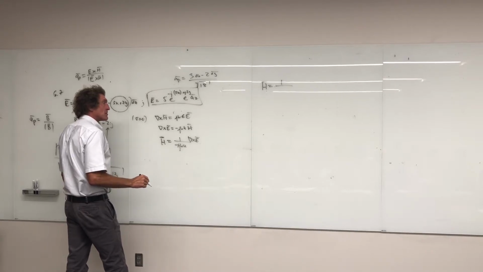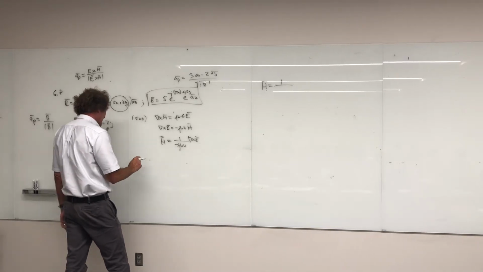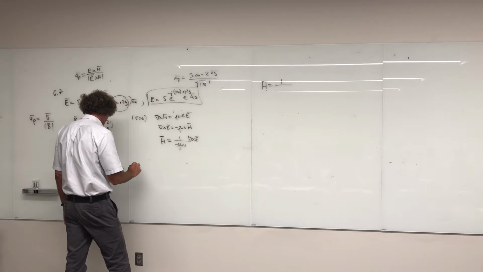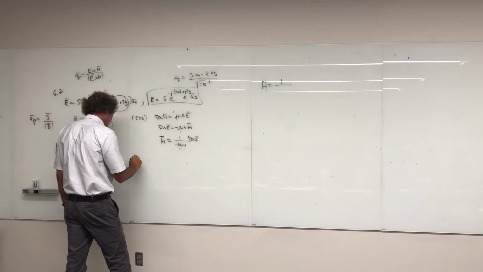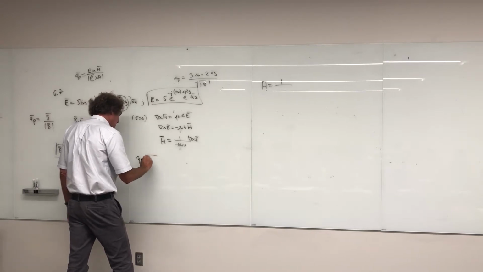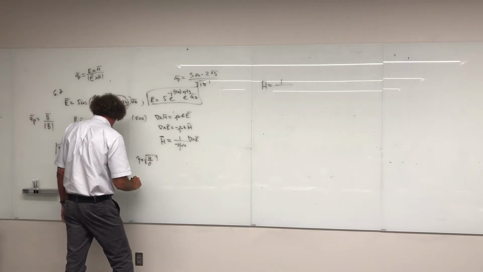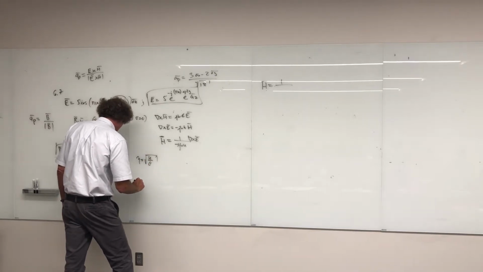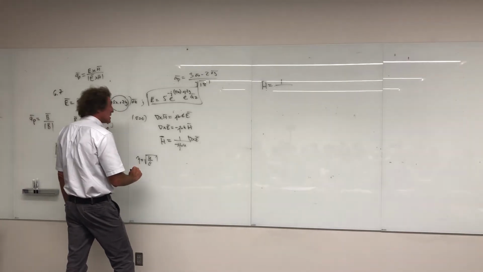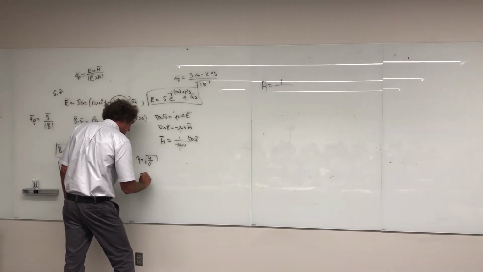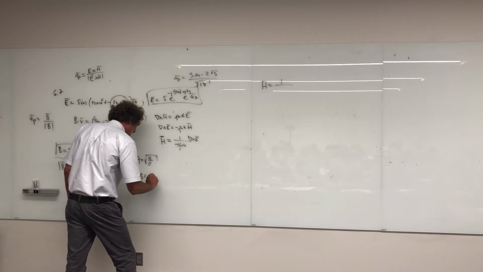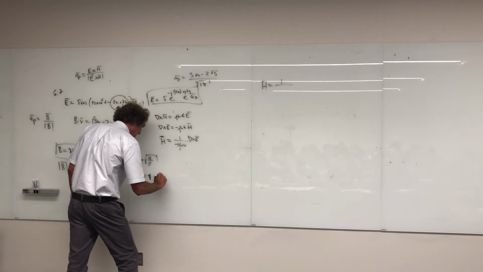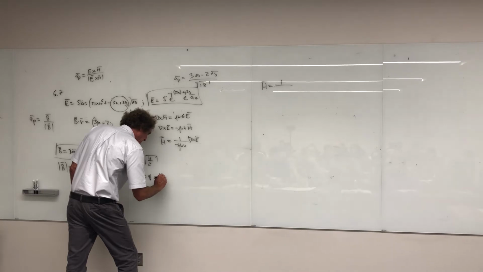I'm gonna regret doing this. We know it's lossless, so we know eta is equal to square root of mu over epsilon, and we know that, let's see, beta is equal to omega times square root of mu epsilon.